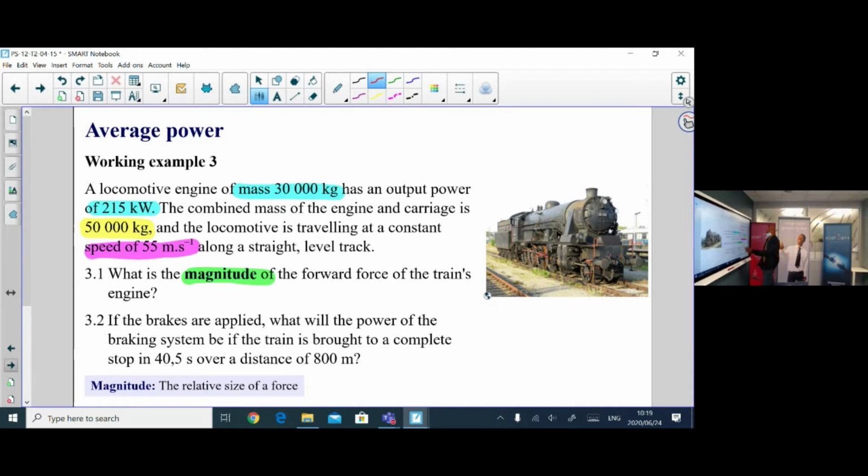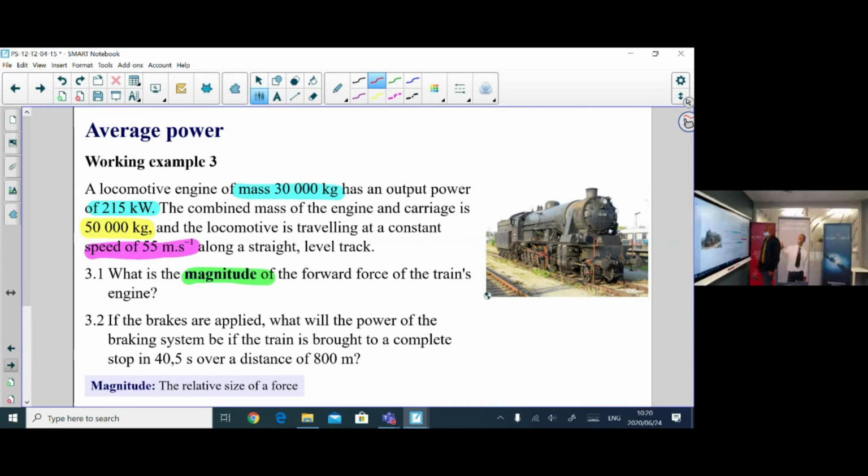In other words, we have the mass of the locomotive engine, and then we have the output power of 215 kilowatts. The combined mass of the engine and carriage is 50,000 kilogram, and the locomotive is traveling at a constant speed of 55 meters per second.